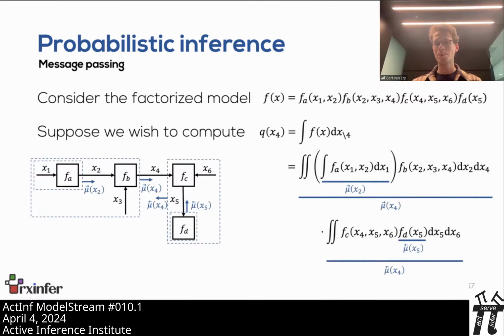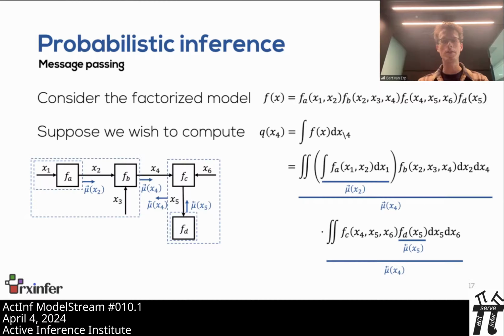We can also give an interpretation to this. For example, this fA of x1, x2 integrated over the variable x1, you can also think of as closing the box, as we demonstrate on the left, over that vector fA. The result of this we call a message.